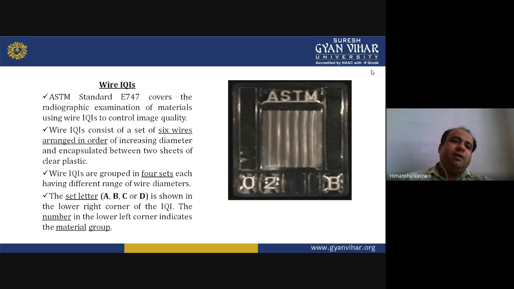ASTM standard E747 covers the radiographic examination of materials using wire image quality indicators to control image quality. Wire image quality indicators consist of a set of 6 wires arranged in order of increasing diameters.